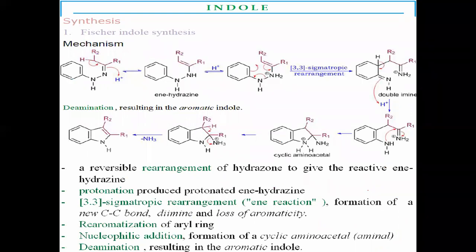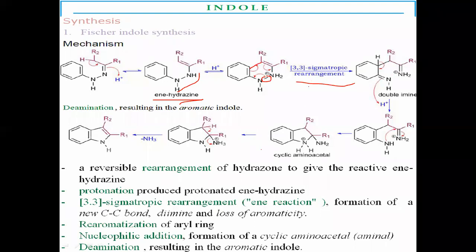After formation of phenylhydrazone, it undergoes acid catalyzed protonation to form the ene-hydrazine. This is a double bond along with the hydrazine part. That's why it is called ene-hydrazine, followed by a rearrangement, a 3,3 sigmatropic rearrangement, shifting of a sigma bond from the 3 position to the 3 position by breaking of this sigma bond. This bond is shifted towards these positions.